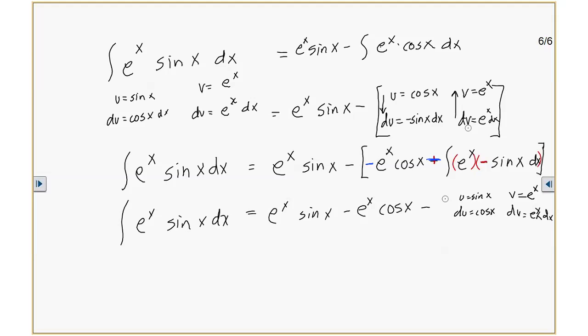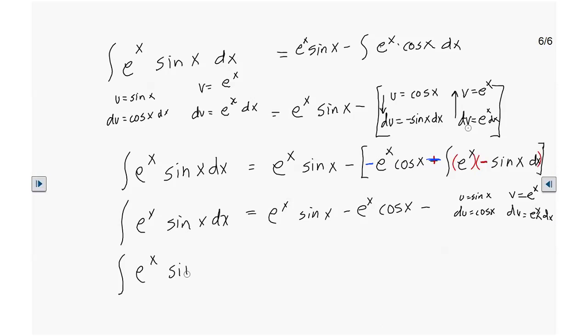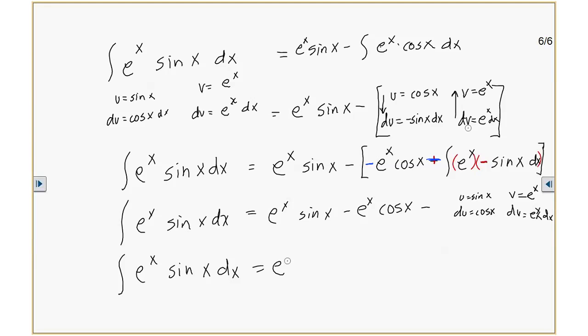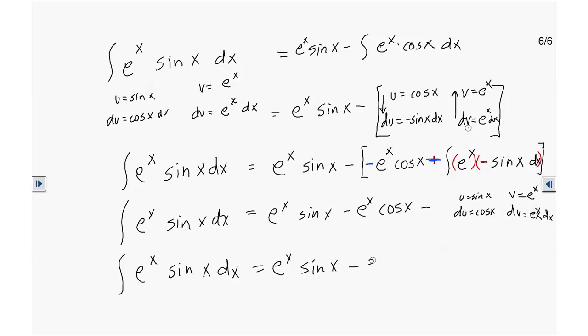So we've got to do ultraviolet minus voodoo again. So we'll go down here. The antiderivative of e to the x sine of x dx is equal to e to the x sine of x minus e to the x cosine of x.